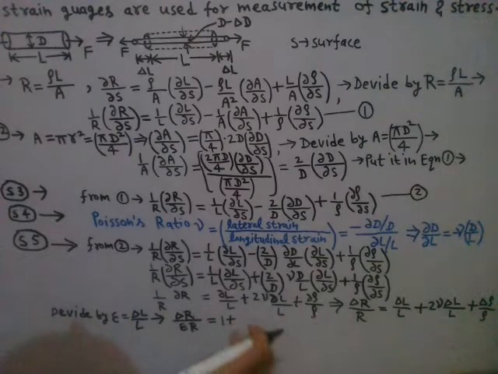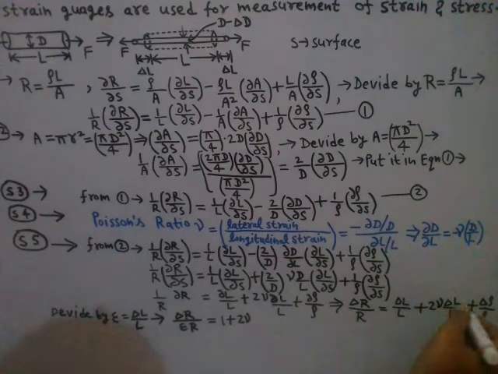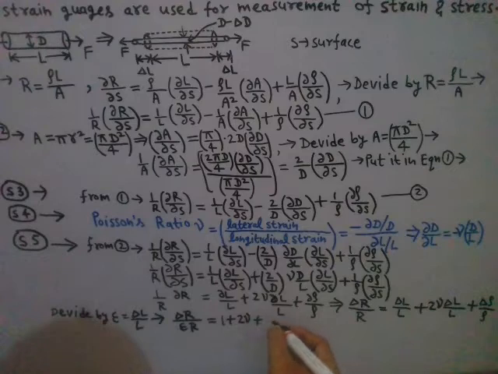Alright, plus 2 rho, delta L by L gets cancelled from here and here, so 1 plus 2 rho, plus here you will get delta rho by rho into epsilon. Alright, so that you will get.